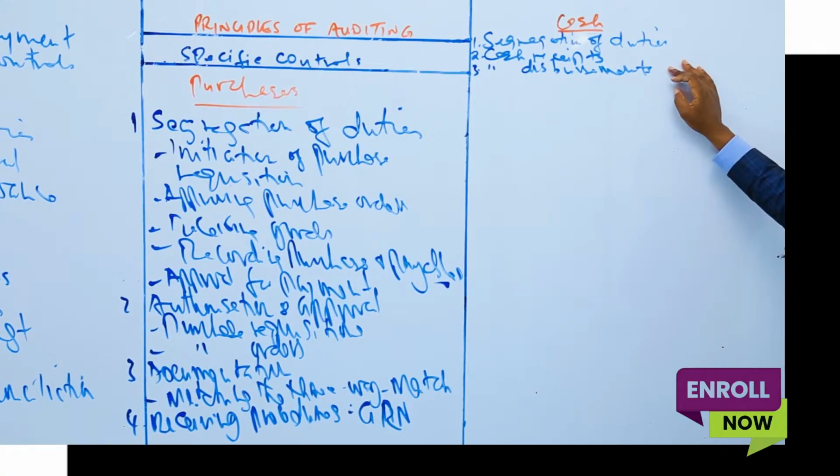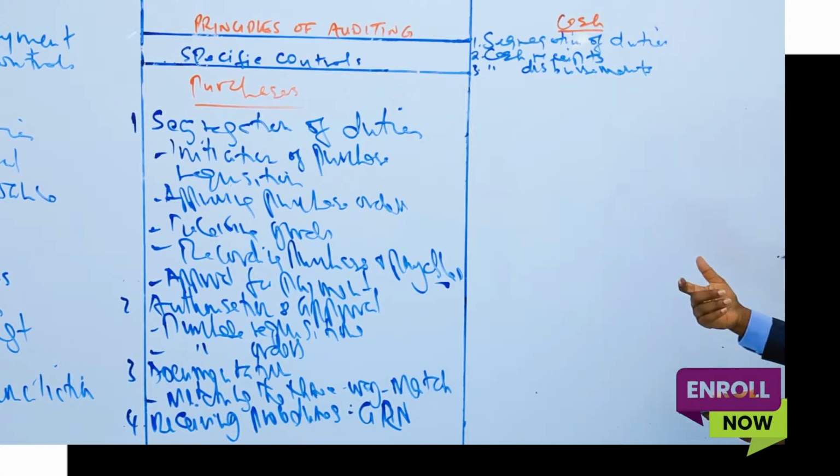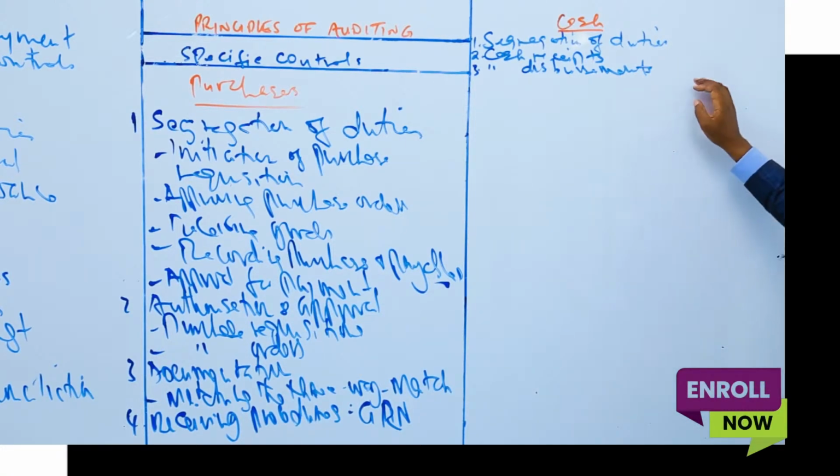Another control over cash disbursements is the use of checks or EFTs. That is to mean minimizing cash payments, minimizing paying by cash. The company can have a system where suppliers are paid electronically. Then there should also be segregation of duties in disbursements.